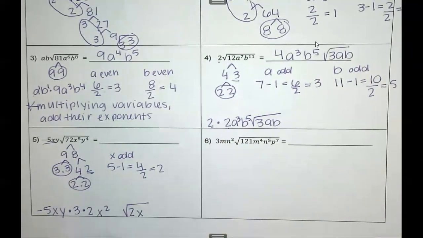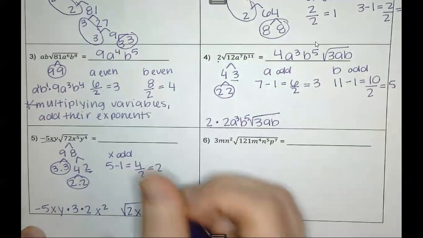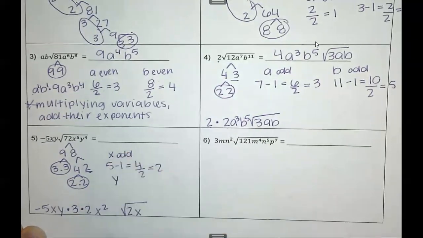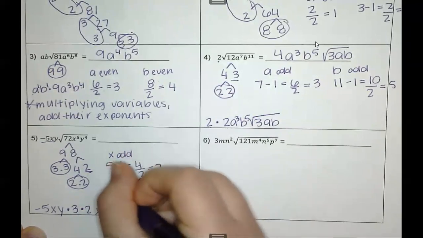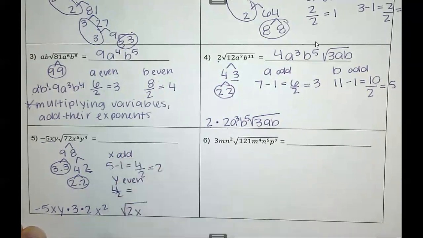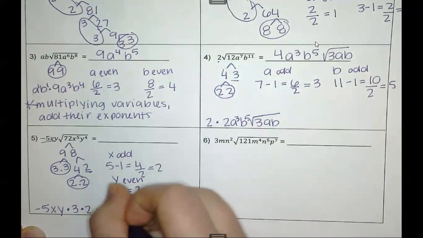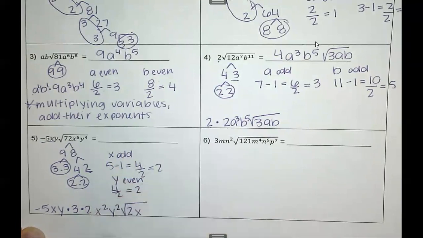So far under our square root, we have 2x. Now we need to take care of our y. Well, my y's exponent is 4, which is even. So all we have to do for evens is divide by 2, which is going to give us 2. So I can pull out a y squared. Since it was even, there are no leftovers.